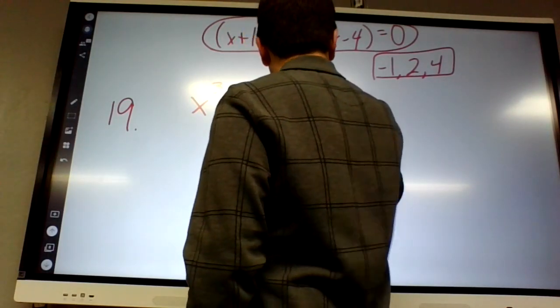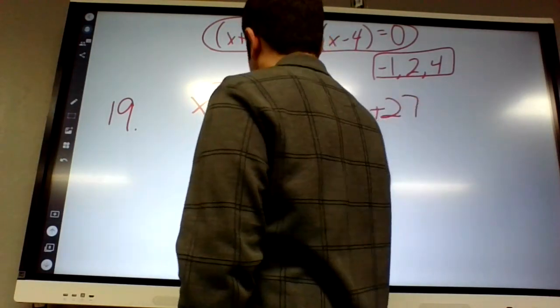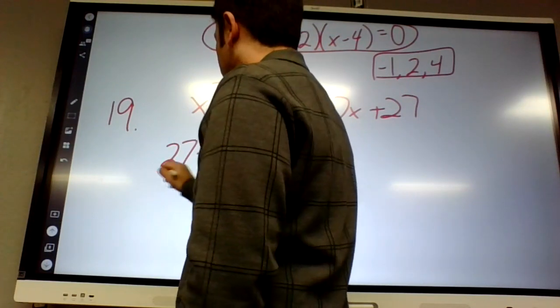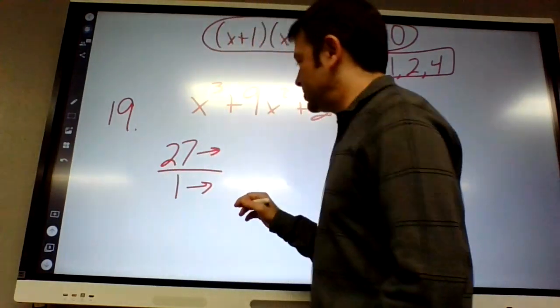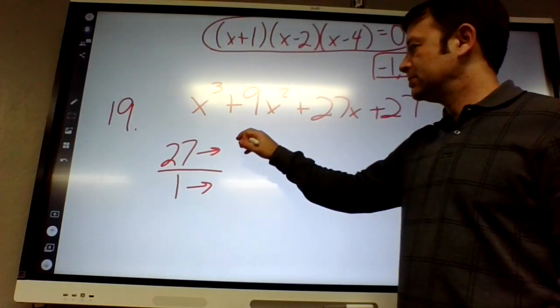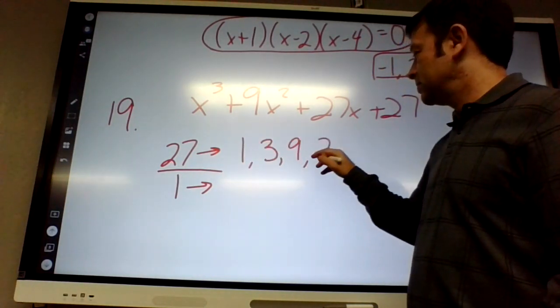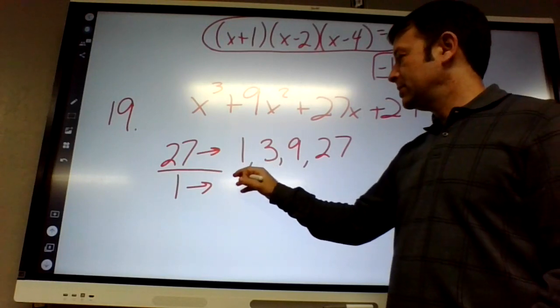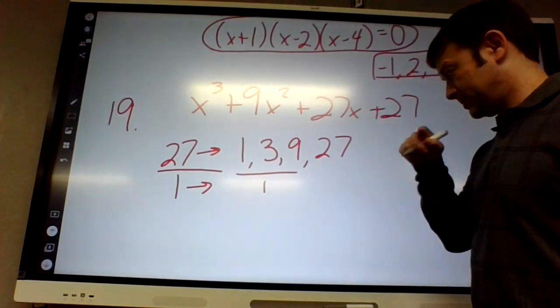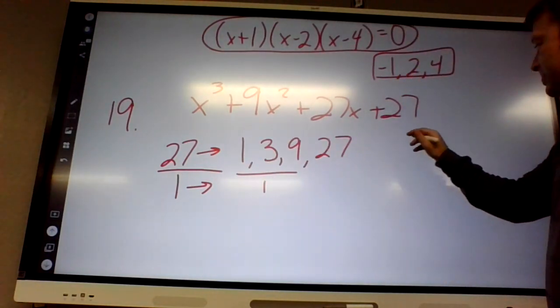Yeah, what he said. So factors of 27 over factors of 1. What goes into 27? 3 and 9. And 27. Yeah, that's actually all of them. And factors of 1 are 1. So it's 1, 3, 9, 27.